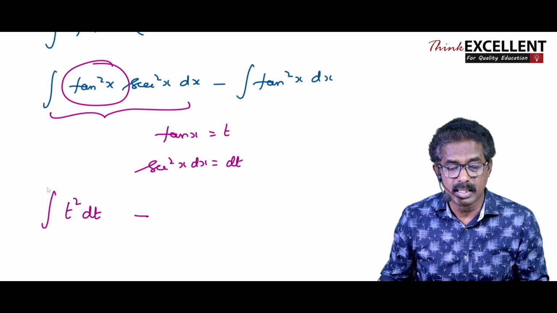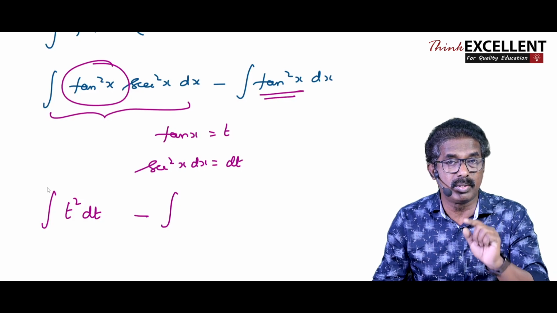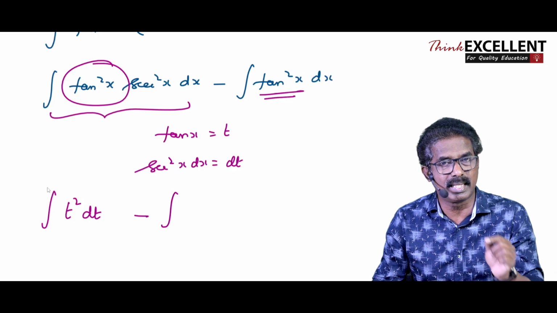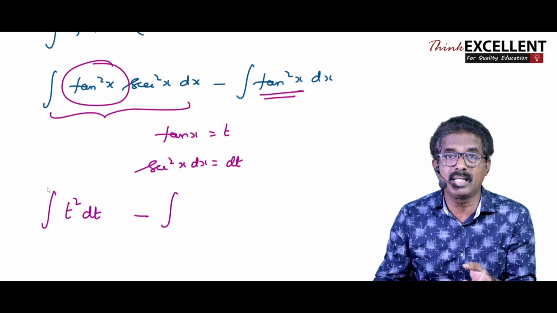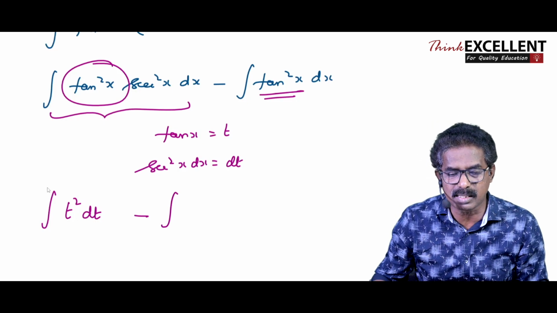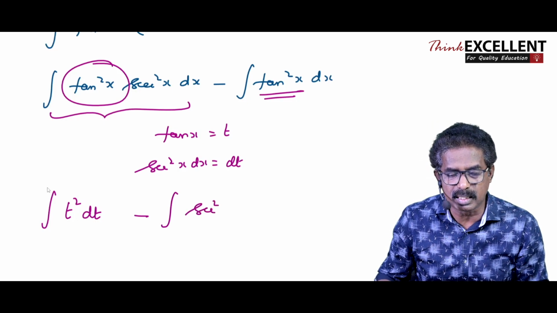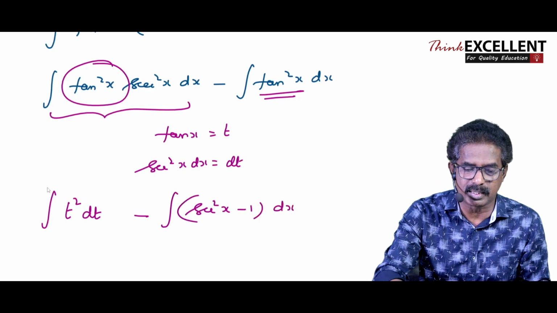See the second one, integral tan square x, we don't know the integration, but we know the integral of secant square x. Secant square x integration tan x, right? Appo secant square x, tan square x, you convert it into secant square x. Tan square x can be written as secant square x minus 1 of dx, right? Trigonometric identity again.